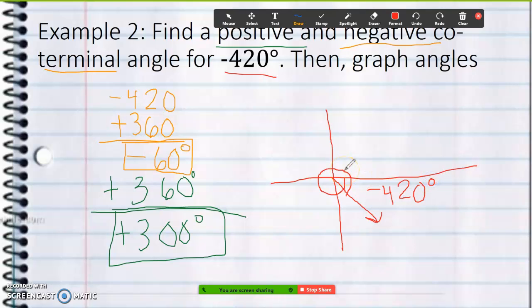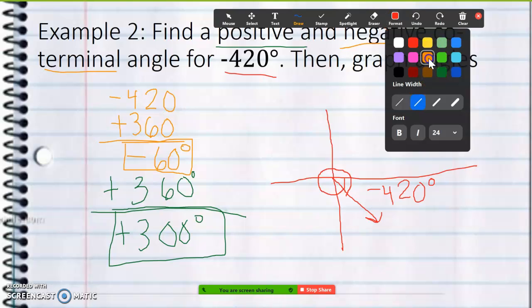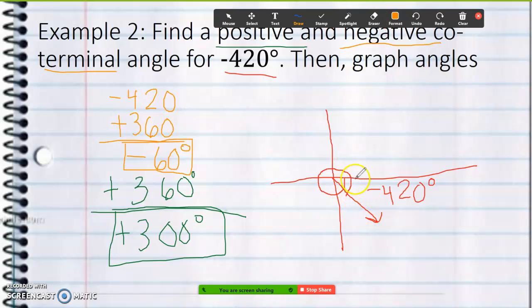So this angle right here would be negative 60 degrees. And then my green angle is 300 degrees, so this way around is 300.